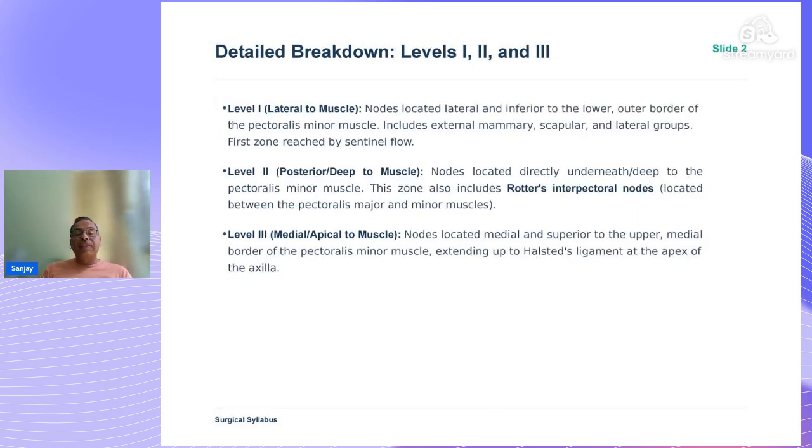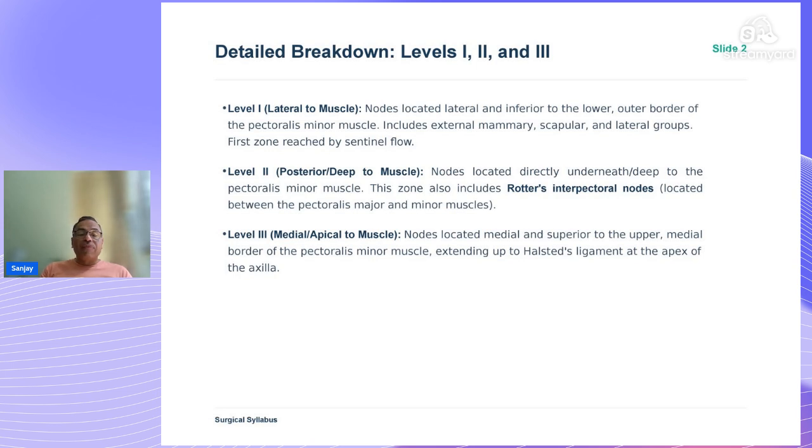Level 1 is the group of lymph nodes which lies inferior and lateral to the pectoralis minor muscle. That means this includes the external mammary, the scapular, and the lateral group.